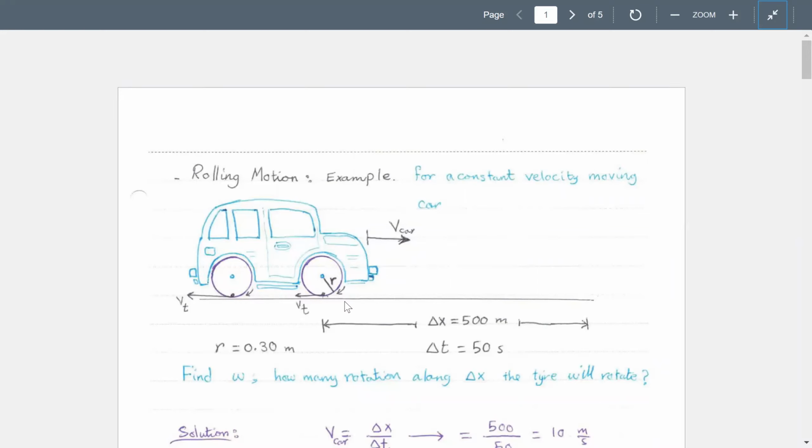Starting from this point on the wheel, which has a radius r, our car moved a displacement delta x equal to 500 meters during a time delta t of 50 seconds. Can we find the velocity now? The answer is yes.